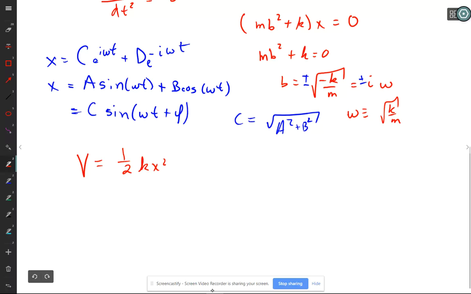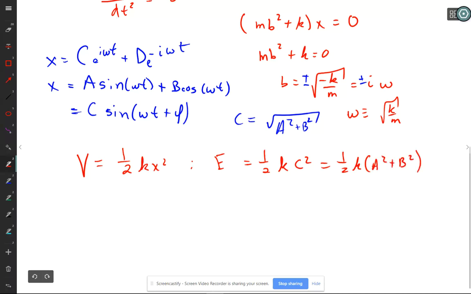And of course, the kinetic energy is 1/2 mv squared, with the total energy being the maximum that you get from your potential energy. So you would have the total energy 1/2 k c squared, or if you prefer 1/2 k times a squared plus b squared.